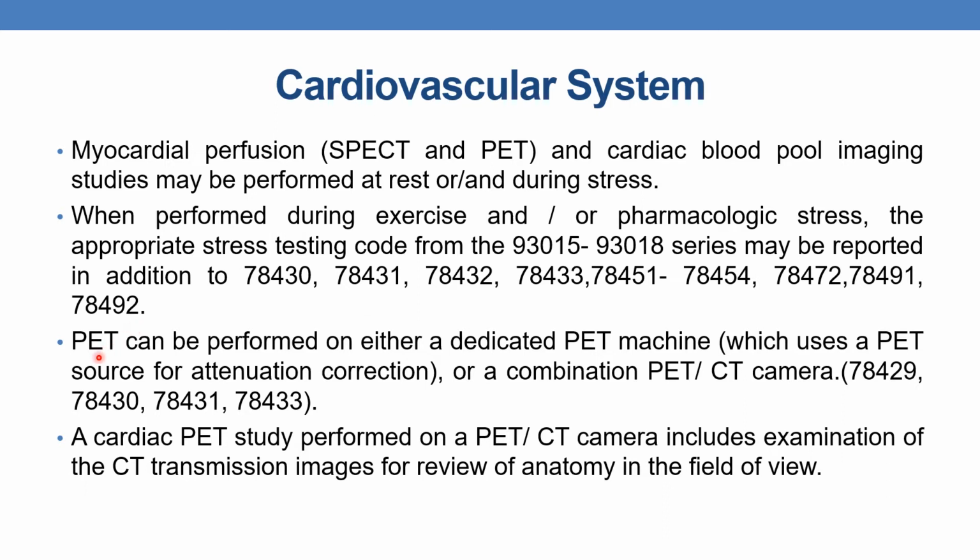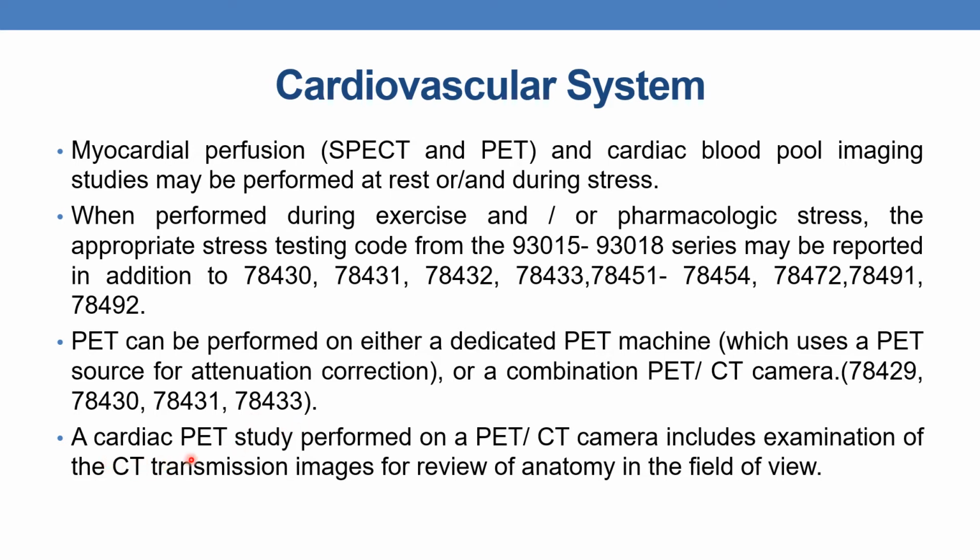And similarly, a PET can be performed on either a dedicated PET machine, which uses a PET source for attenuation correction, or a combination of PET and CT camera, as we will see in the following code descriptions: 78429, 78430, 78431 and 78433.